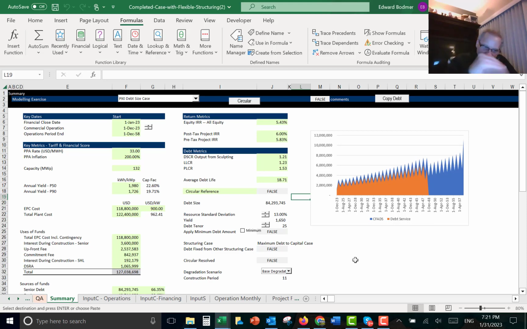Now, if you're just beginning, don't worry. You need to explain to your mother what the P50 and the P90 are. And if you go crazy, you have to explain what a P50 and a P90 are for wind, and it all gets crazy. But when I change this, the circular reference has to be pressed again.